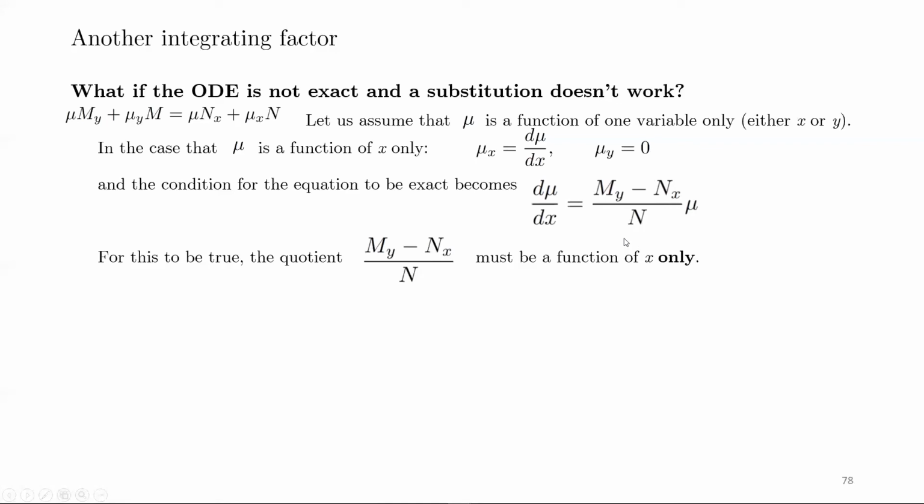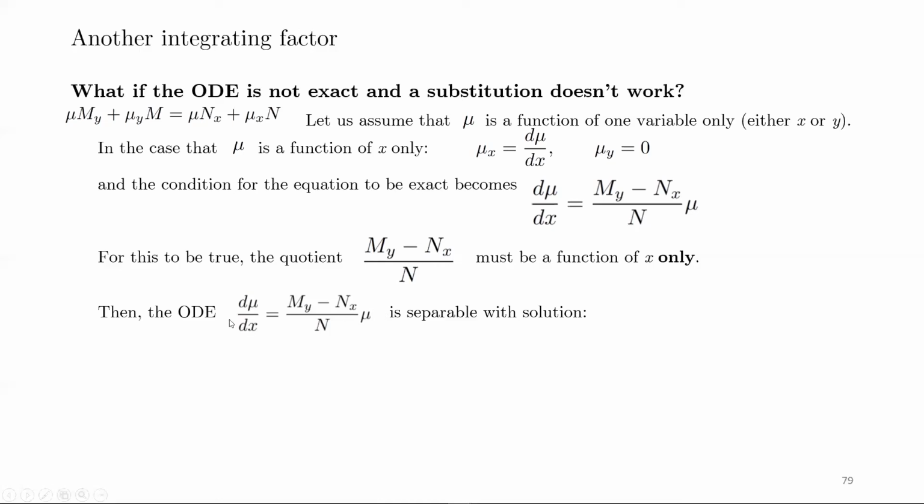Okay, so if it turns out that this ratio, m sub y minus n sub x, so these partial derivatives, divided by n, is a function of x only, then we can have an integrating factor mu, which is a function of x only. If that turns out to be the case, then this ODE that we have up here is a separable ODE. So I can rearrange to put the mu, which is currently on the right-hand side, on the left.